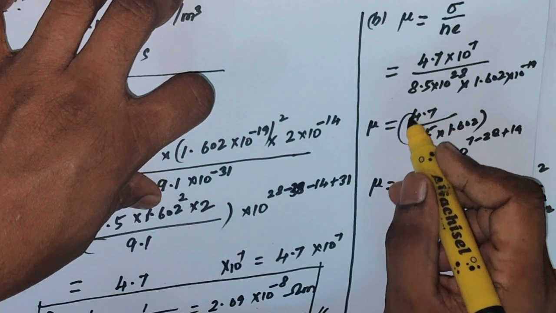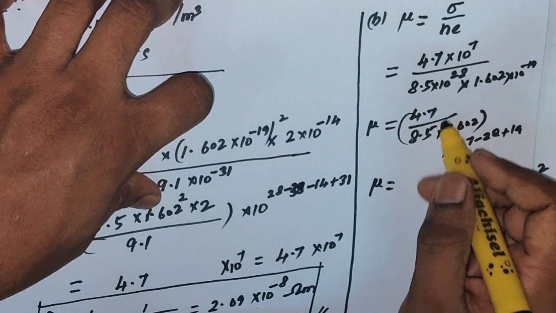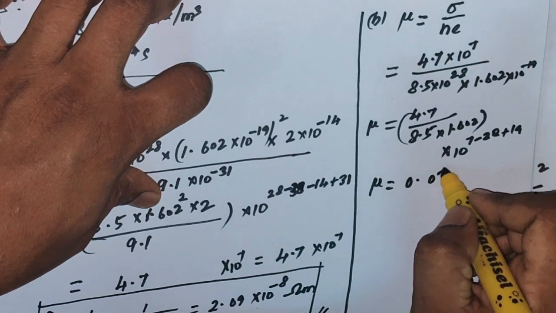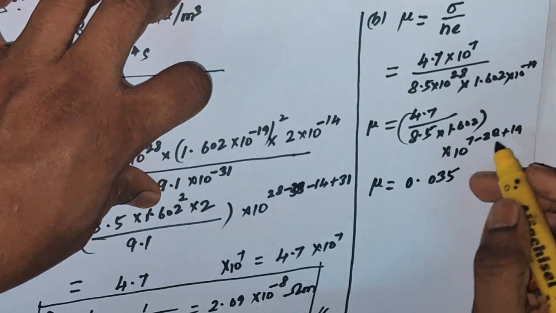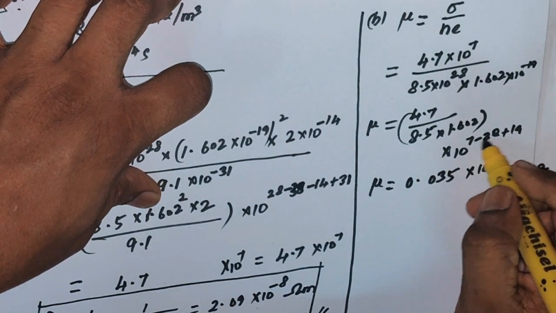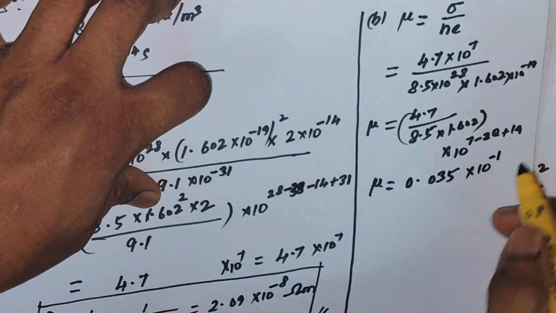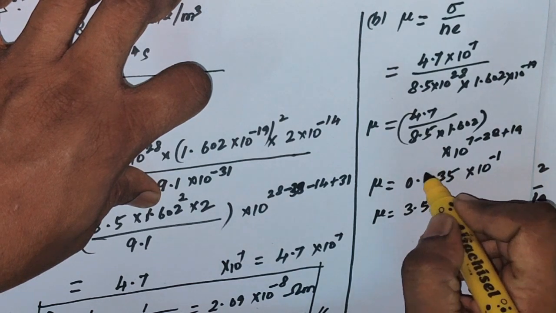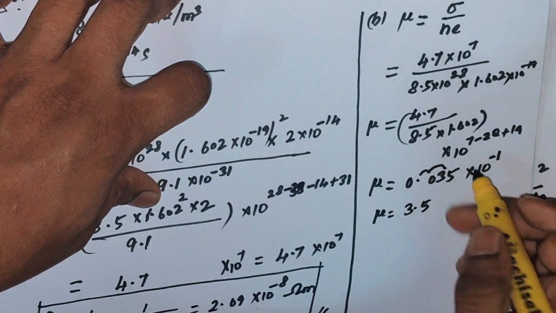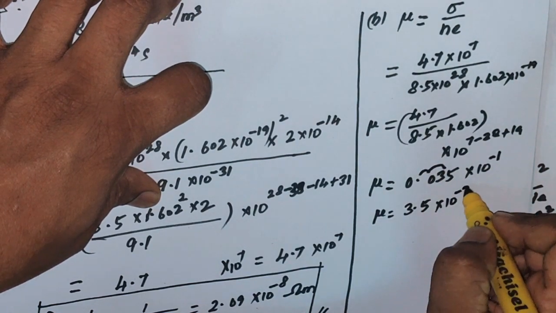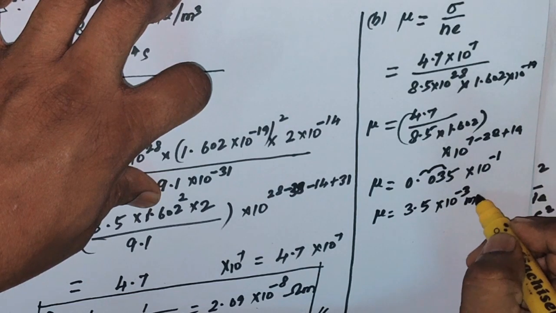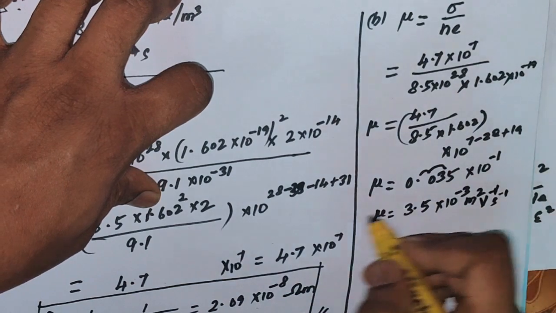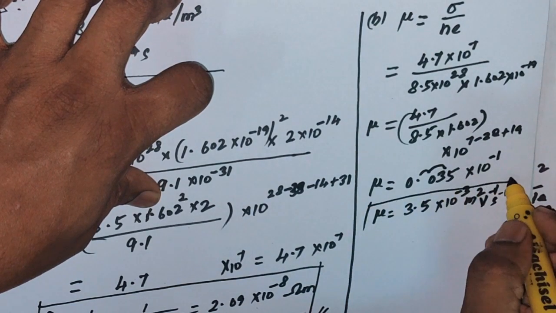Doing the calculation gives 0.035, that is 3.5 times 10 power minus 3. The units are meter square volt minus 1 second minus 1. This is the mobility of the electron inside the material.